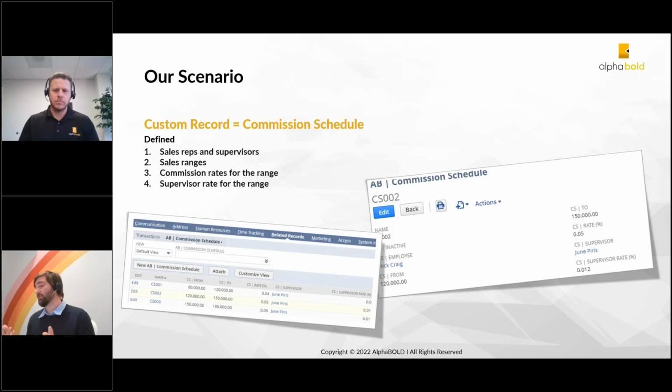Those are the only attributes that we need on that schedule. So that's what we created, and then we tied those schedules to employee records. If you look at the image on the left side, this is what that schedule will look like on the employee record. And I will walk you through the demo in a second.